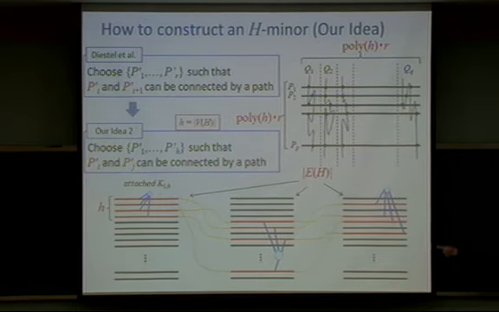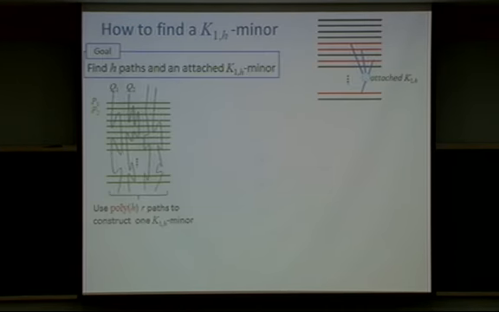So if we can construct such a structure, then we can find an H minor. So the remaining part is how we find the K1H minor. So our goal is to find H paths and attach a K1H minor like this.